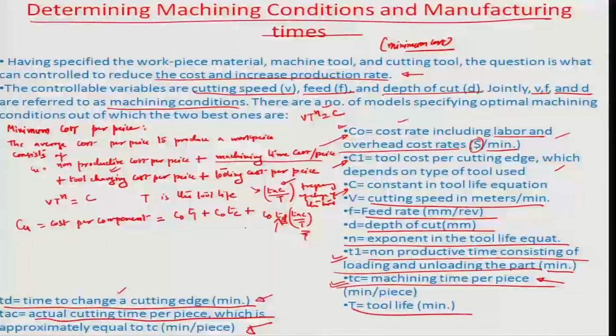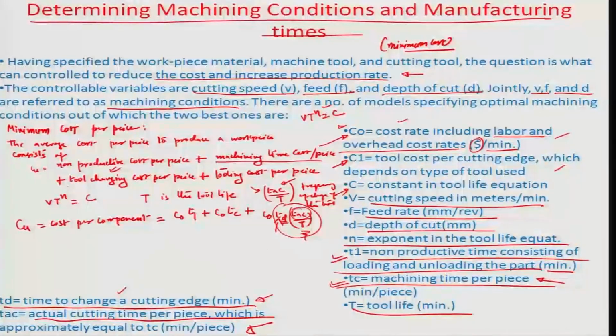So, this gives you an idea of what kind of time, because every time there is a change and there are n such changes, because you have to extinguish n tools in order to consume this whole one piece's cutting time, which is TAC. So, n times Td really is the total time, and C0 n times Td is really the total cost which is involved.